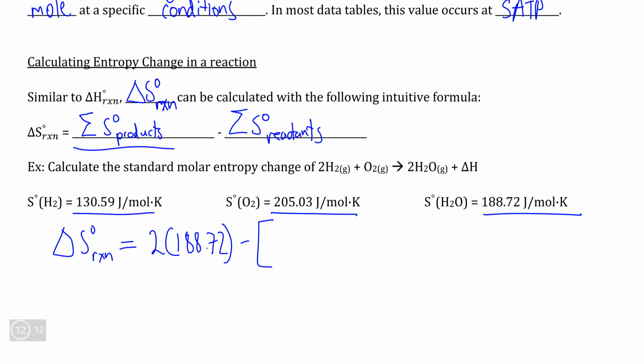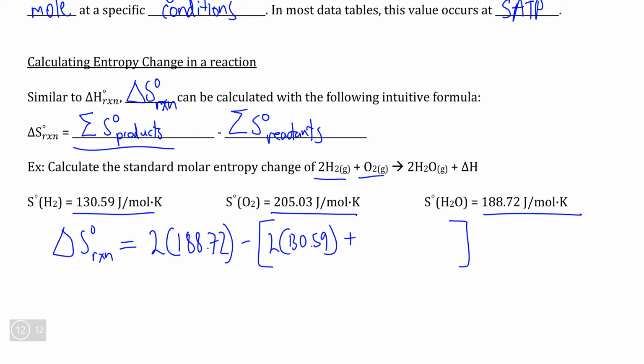From that, we're going to subtract the sum of the standard molar entropy of our reactants, hydrogen and oxygen. Again, we have 2 times the standard molar entropy of hydrogen, which is 130.59 joules per mole per degree Kelvin.